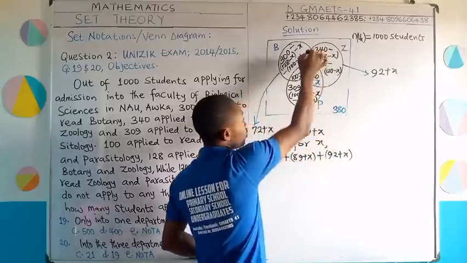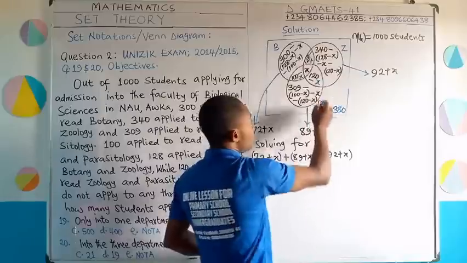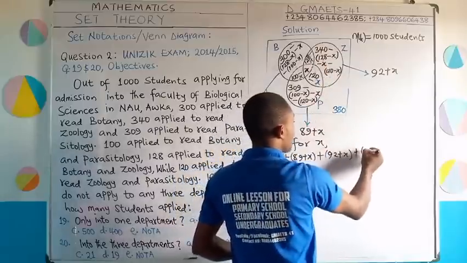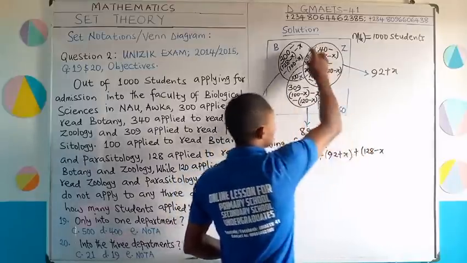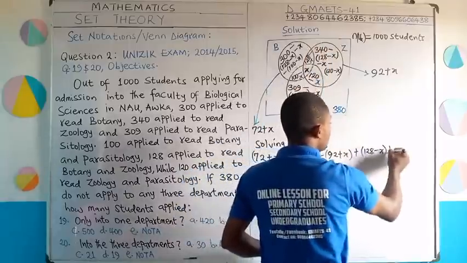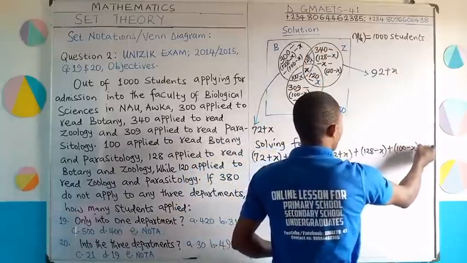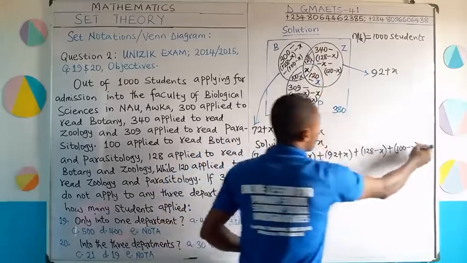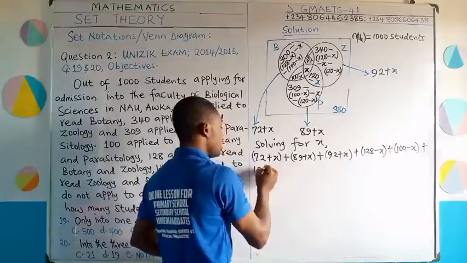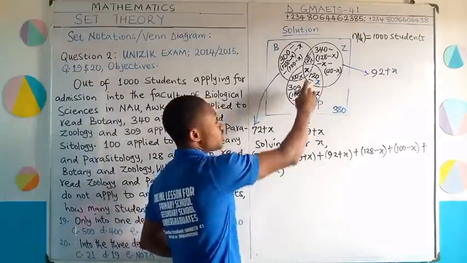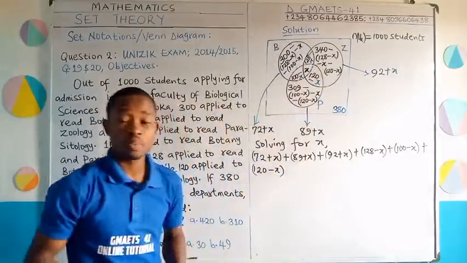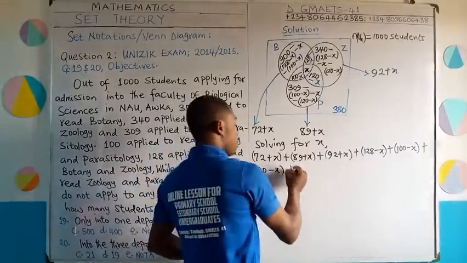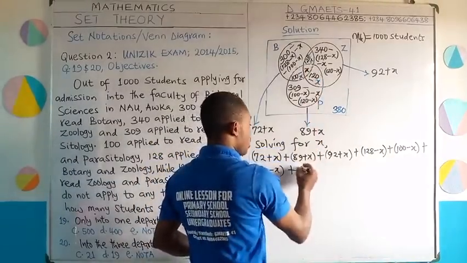Then I'll move inside where we had intersection of two sets. Here this is 128 minus x, and then plus 100 minus x, and then finally we have plus 120 minus x. That is in the case of those that applied into two departments only. And then plus, I'll move on to all three departments, which is x.